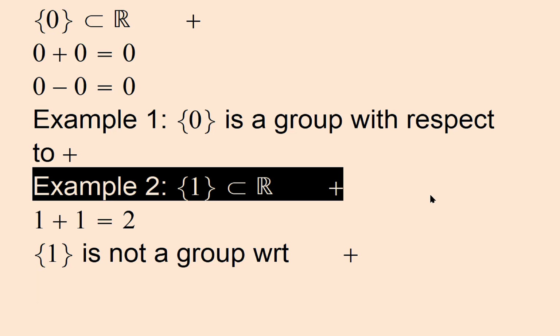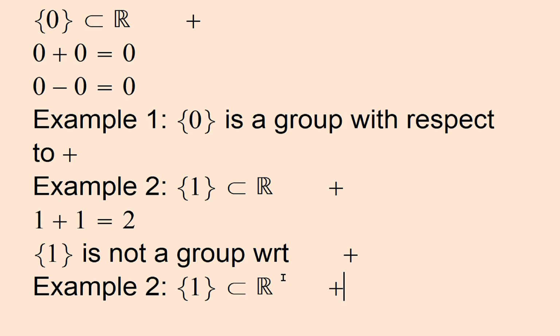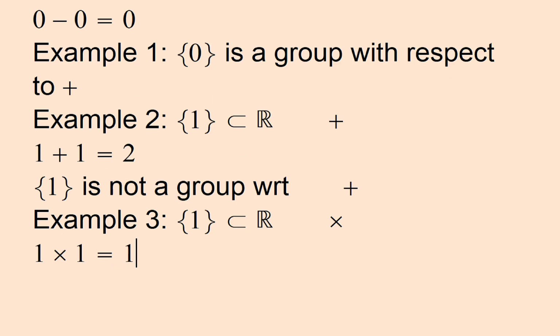But notice this: if we change addition to, say, multiplication, then we have the same kind of thing happening that we had in example 1. Why? Because multiplication of numbers is associative, and if we multiply 1 with 1, we get a 1, which is still in the set and at the same time serves as an identity.